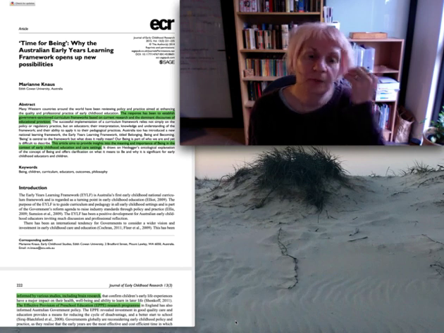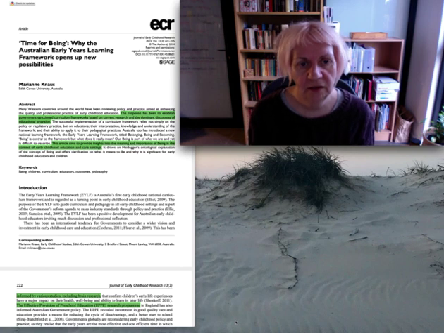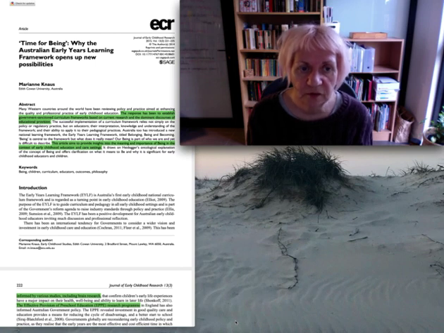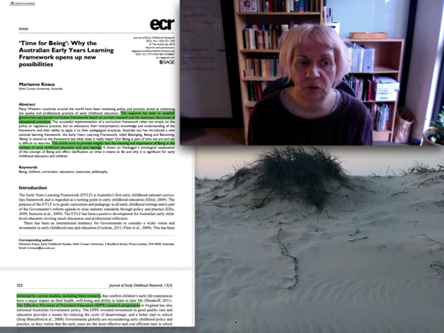So in the abstract, the first thing that I've highlighted is where she says the response has been to establish government-sanctioned curriculum frameworks based on current research and the dominant discourses of educational provision.